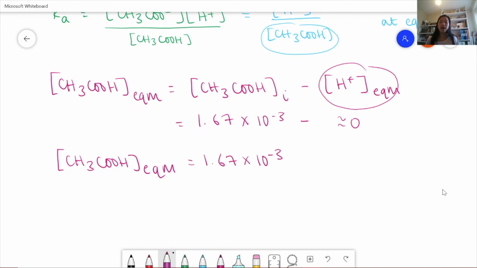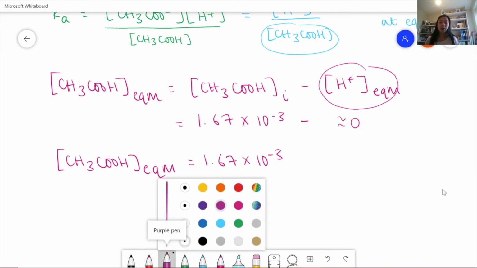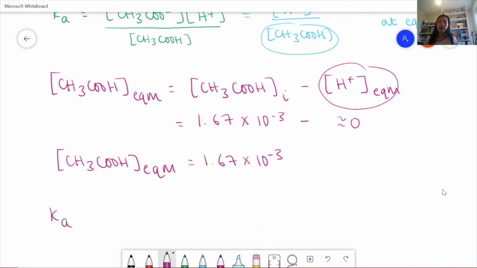So now we have that Ka is equal to, writing out the equation again, H plus squared over the ethanoic acid.